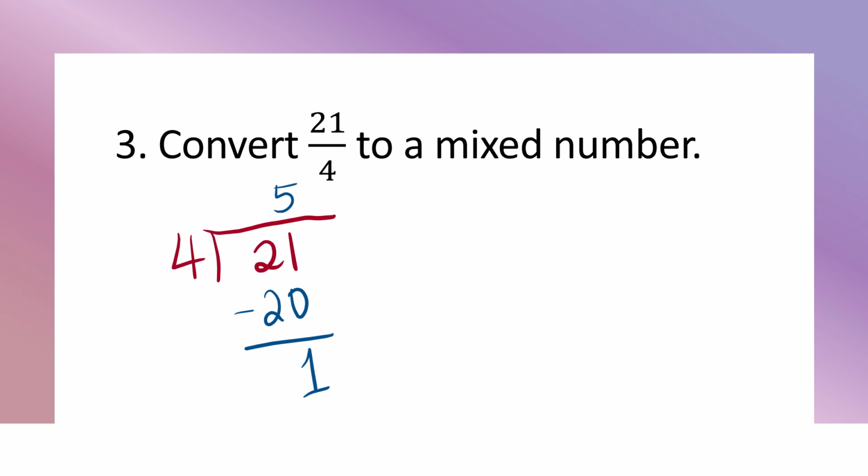And then my quotient up here becomes my whole number part of my mixed number. 1, which is my remainder, becomes my numerator. And then 4, which is my divisor, becomes the denominator. So I'm going to write that down. So the quotient becomes the whole number part.